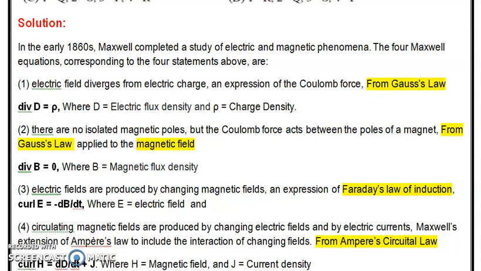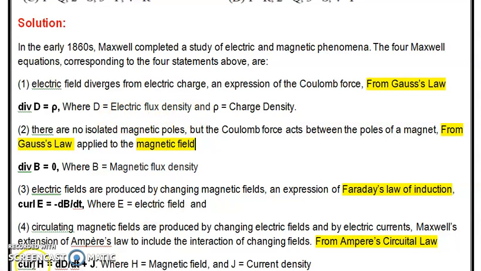So from Ampere's circuital law, we can say that curl H is equal to dD by dt plus J. Here H is the magnetic field, J is the current density, and D, as we already saw, is the electric flux density.